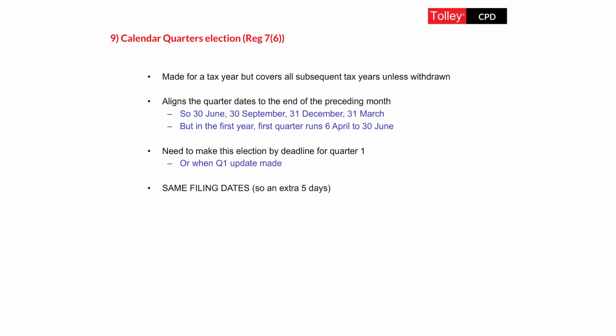You have the same filing date, so that's actually going to give you a month and 5 days to make your filing, which seems like a fair way of going about it. But this is one of the things you've got to get your head around: every single client is going to be filing to the same dates, and therefore you're going to have a very lumpy workload within your firm.